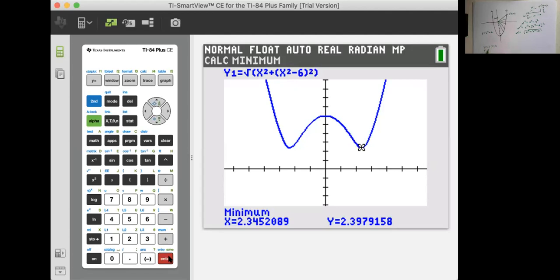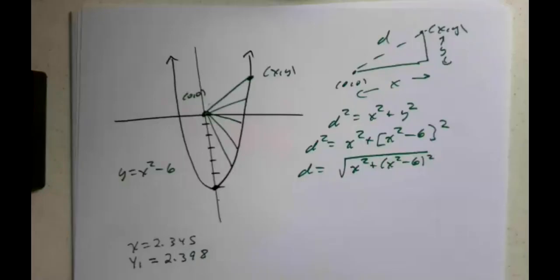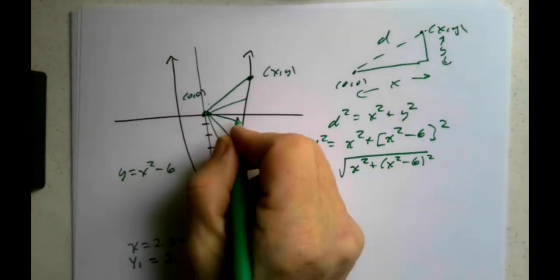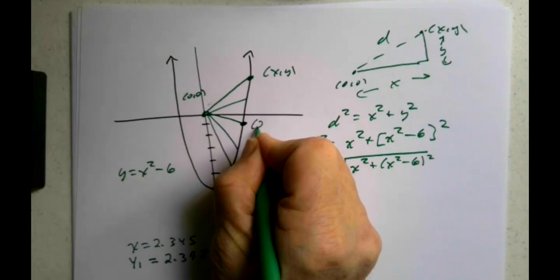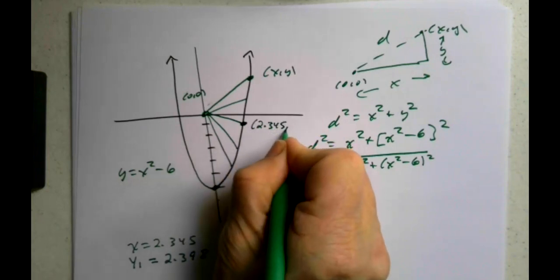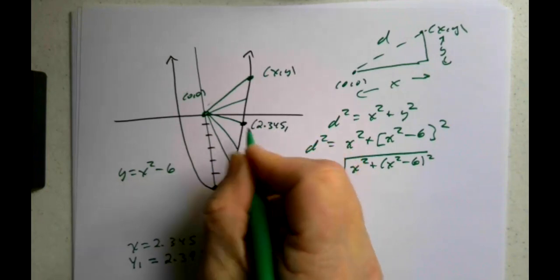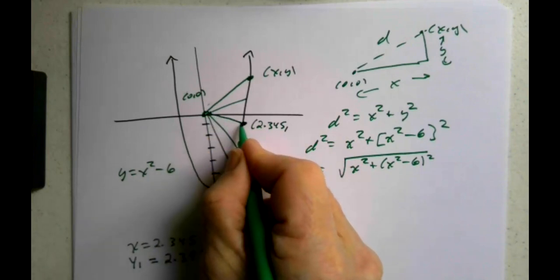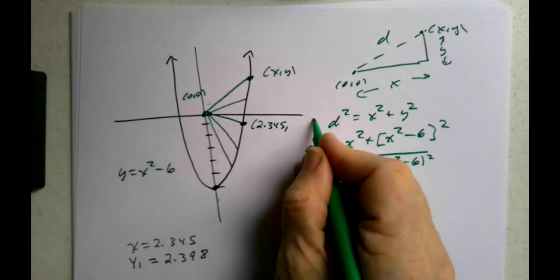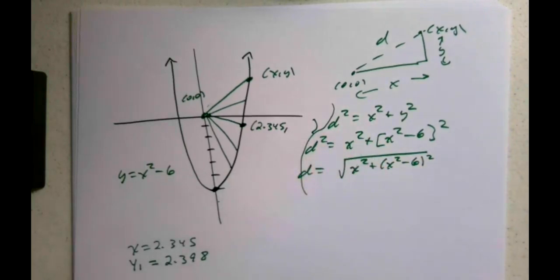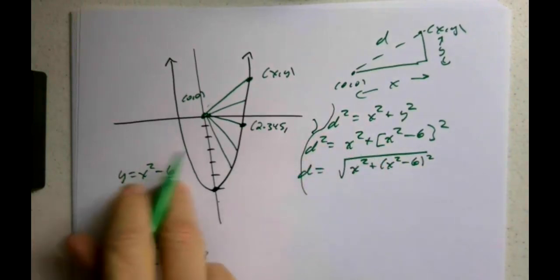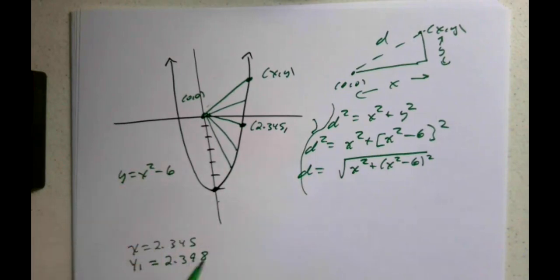I'm going to call that Y1, just so we're clear, 2.398. Now let's talk about what that means. So the X value is 2.345, which might be about here. That certainly is not Y of 2.398, but this distance is 2.398. But I need to determine what is the Y value that corresponds to 2.345. And the way I do that is I plug that into x squared minus 6.